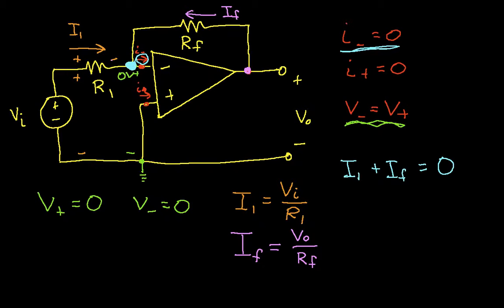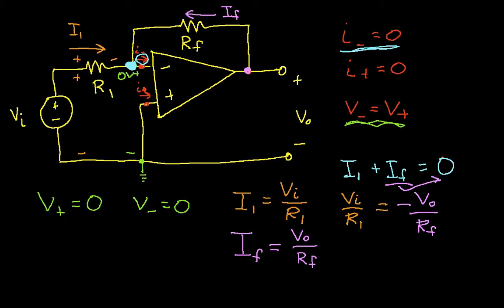Well, we can substitute in for I1, and we have VI over R1 is equal to minus V out over RF. I've just taken this IF and moved it over here and then plugged in values.